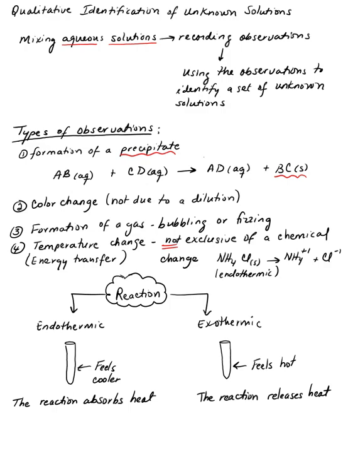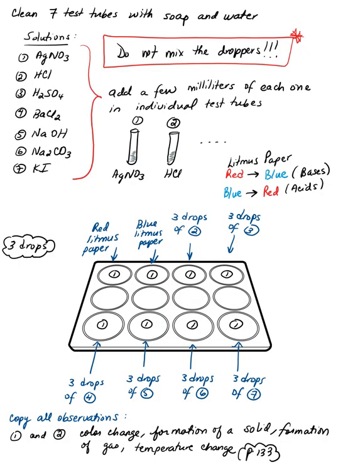Now on the right side for your exothermic, that's the opposite. For exothermic reactions, the container for your reaction will feel hotter. The temperature will increase because that reaction will be releasing heat, and that amount of heat is what you feel increasing the temperature of your container. So those are the 4 types of observations that you're going to be recording for all of the reactions that you're doing in this experiment.